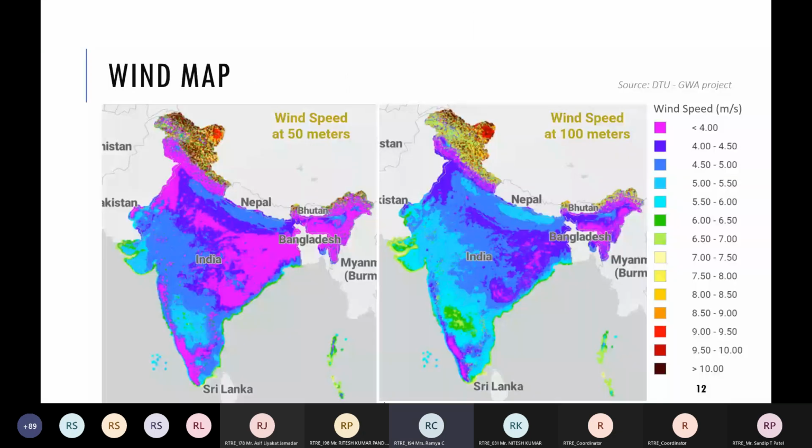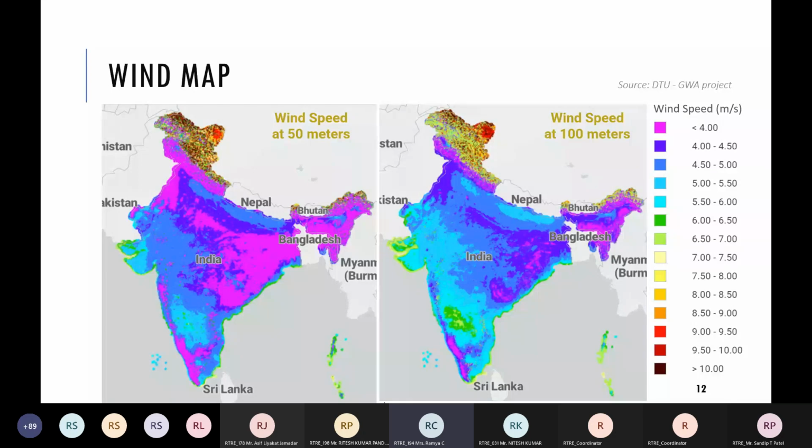Another way, if you don't have the money or time to measure wind speed, is to use wind maps. This is approximate data, not exactly pinpointing data. You can get that data at a larger scale.